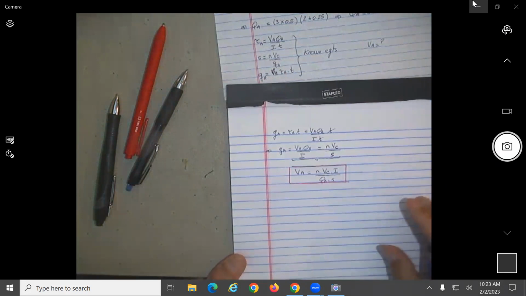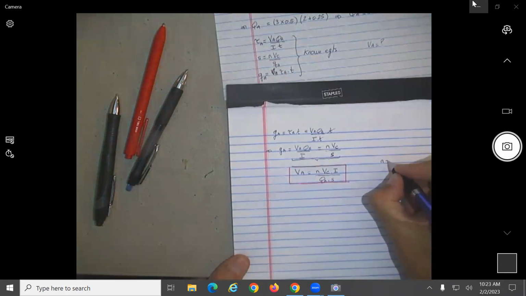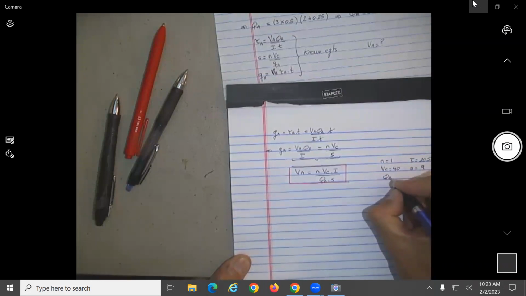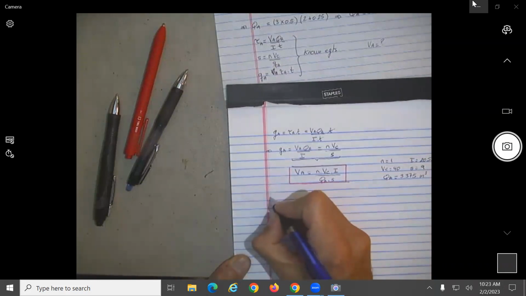So do we know everything in this equation now? What is N? In this case, N will be 1. V sub C is 40. I was how much? 20.58. The spacing S, I think, was 9, no? Yeah, 9. And Q sub A we just calculated: 3.375 cubic inch. So we do the numerical substitution.